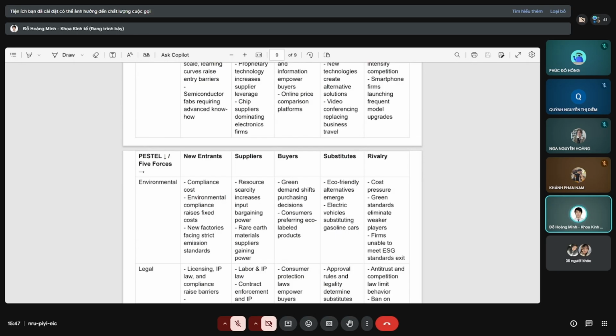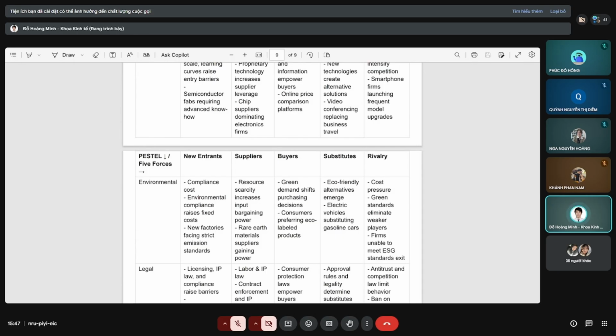Besides that, the performance of the EV car is also improved in terms of the battery. So the environmental factors also make the substitute product a more serious threat to the product of the industry.